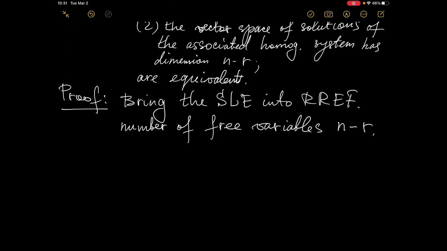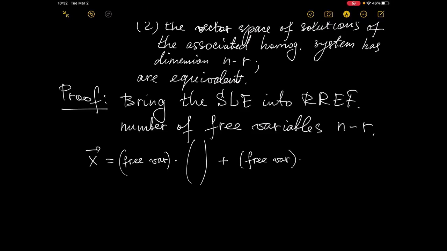the solution of the associated homogeneous system will be expressed as some free variable multiplied by some column, plus another free variable multiplied by another column, and so on.